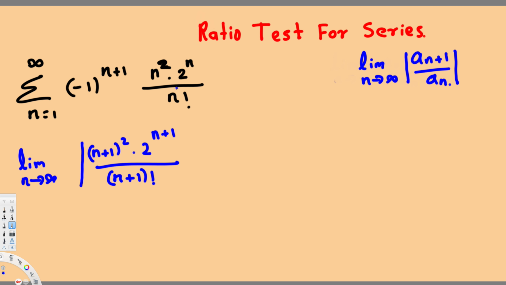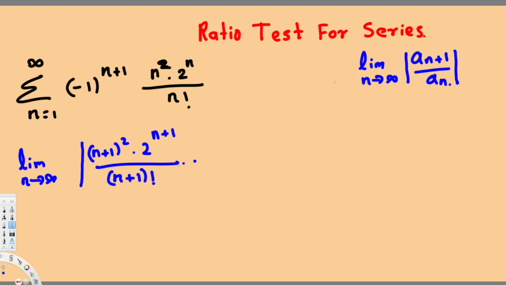When we divide this by the original function, it's the same as multiplying by the reciprocal of the original function. Dividing by this one and multiplying by its reciprocal is the same thing.